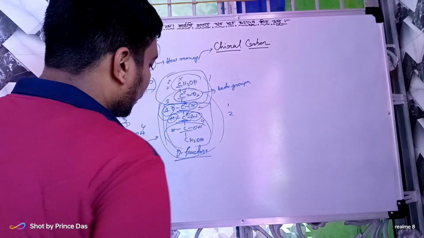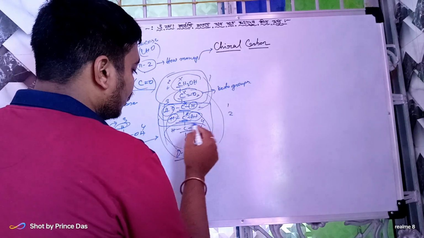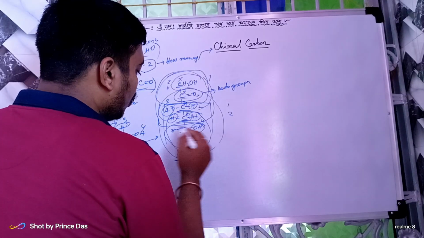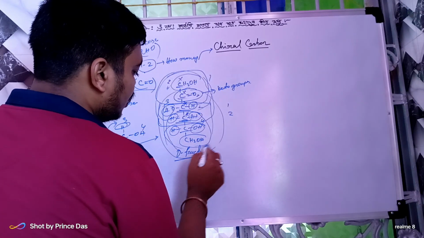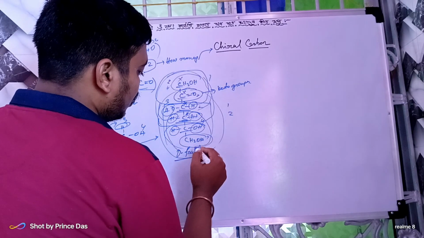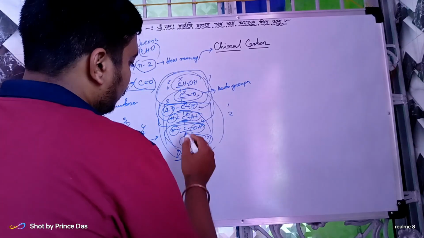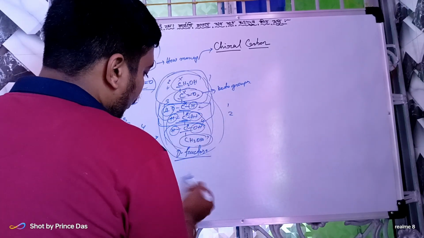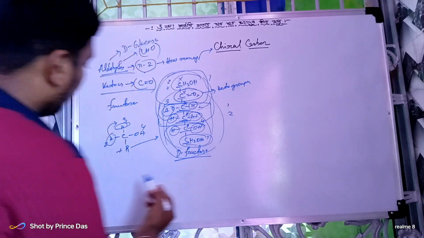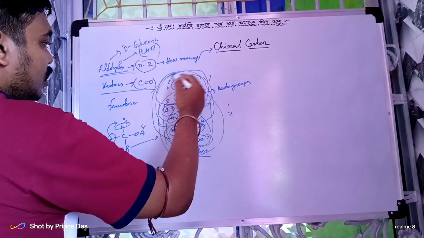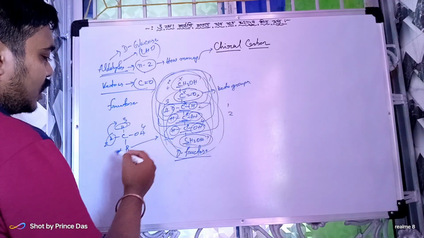Is this a chiral carbon? Consider 1, 2 hydroxyl group, 3 hydrogen, and this one another group 4. So this is also a chiral carbon. Is this a chiral carbon? Same thing, consider the rest of the others as R group.